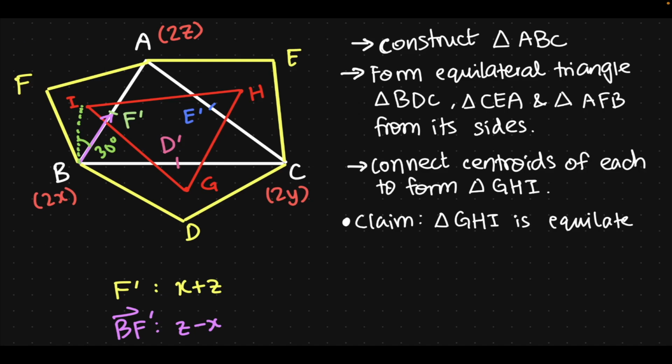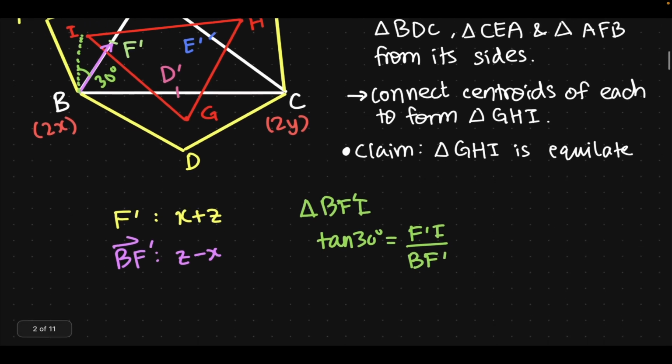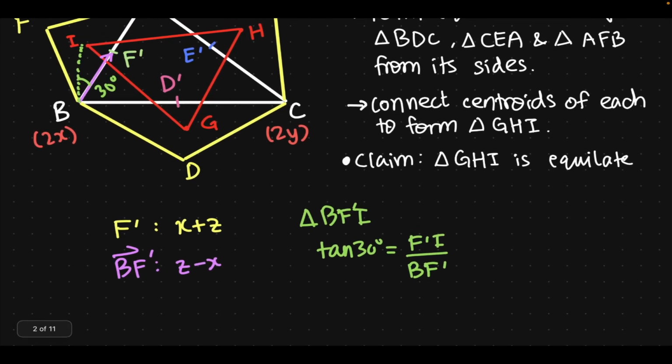And we will take complete advantage of that, because now we can do trigonometry on this small triangle BF prime I. If we do trigonometry on triangle BF prime I, we will see that we actually have tan 30, the tan of that 30 degree angle, F prime I over BF prime. Now we know what the magnitude of BF prime is.